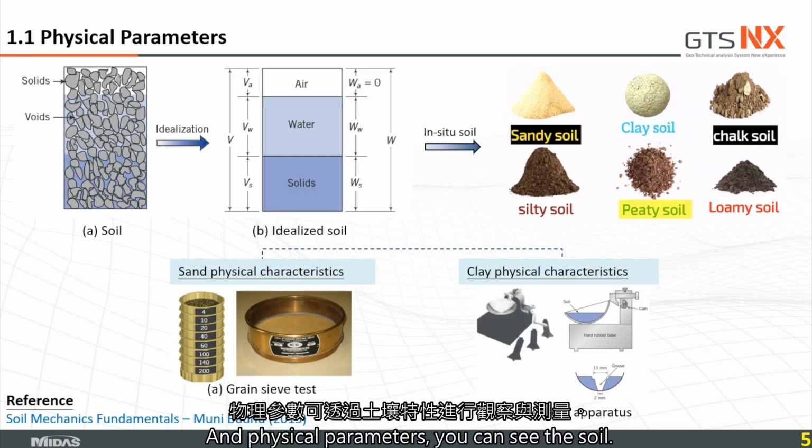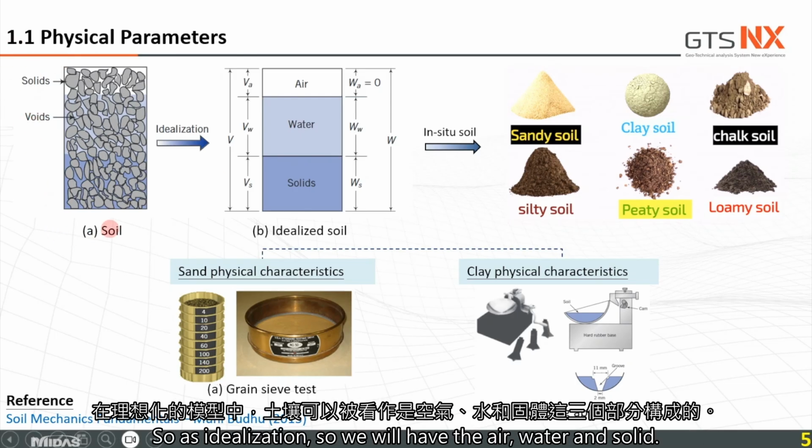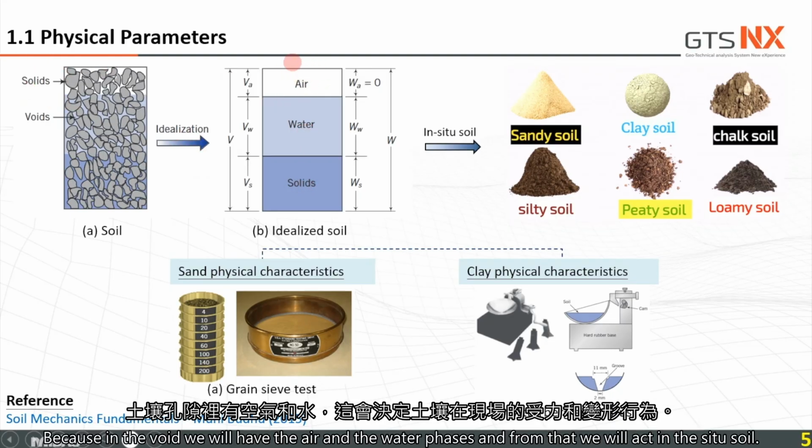For physical parameters, you can see the soil has solids and voids, as you can see here. As an idealization, we have air, water, and solid, because in the voids we have the air and the water phases.